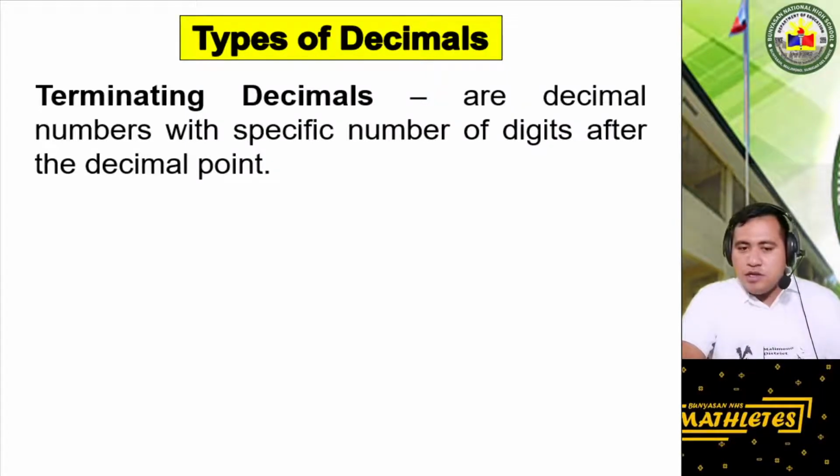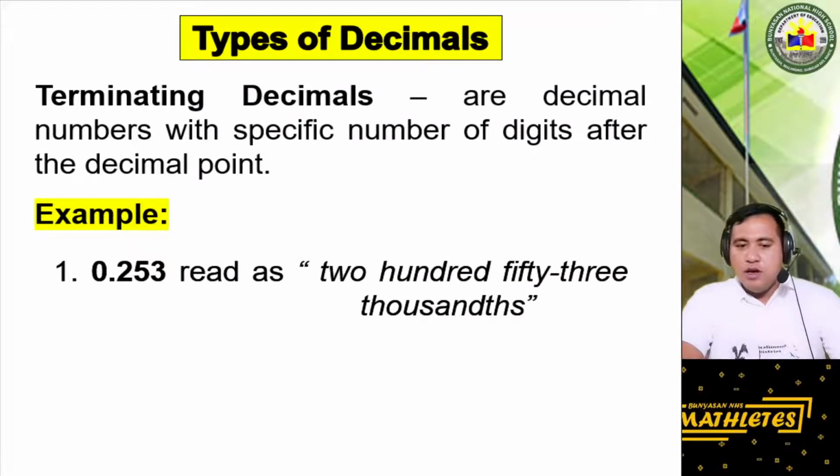Terminating decimals are decimal numbers with a specific number of digits after the decimal point. For example, 0.253. That is the common way of reading it, but the correct reading is 253 thousandths.